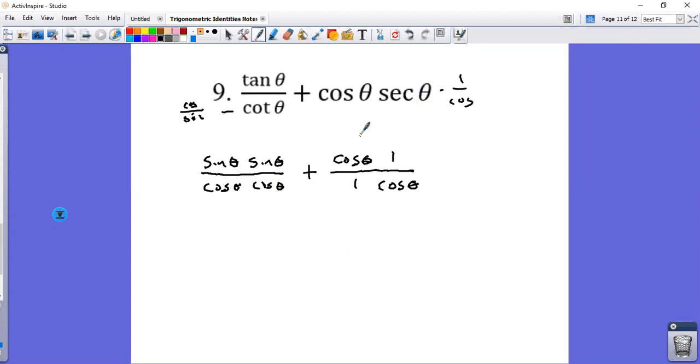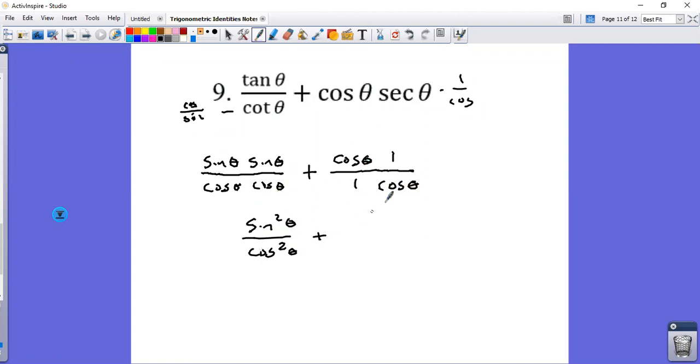So to clean this up, we're going to need this cosine anyhow, but this would be sine squared theta over 2 cosines would be cosine squared theta plus, I could reduce this out, but I need to add them together.